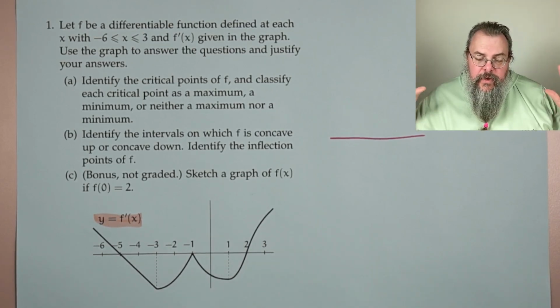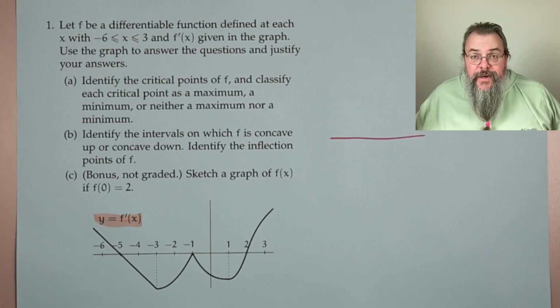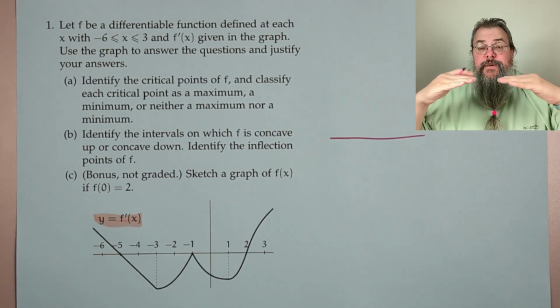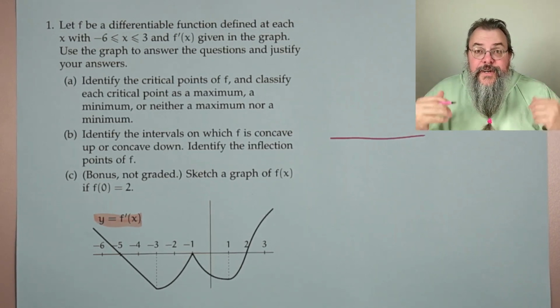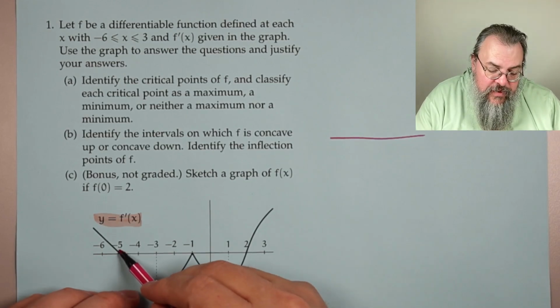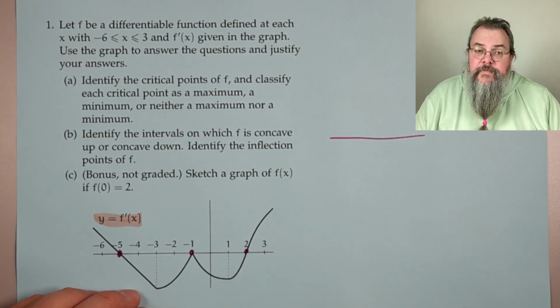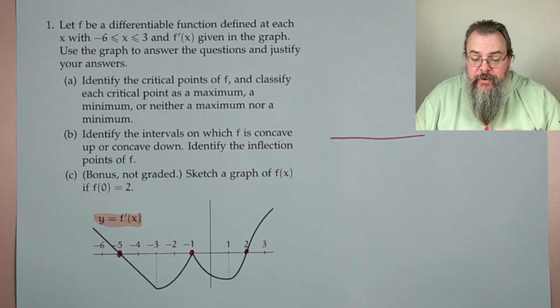So every point has a derivative, so the derivative is not undefined. So where are the critical points going to be? Well, the critical points are going to be where the derivative is 0. In terms of the picture, being 0 means that we're crossing or touching the axis. So there are 3 critical points.